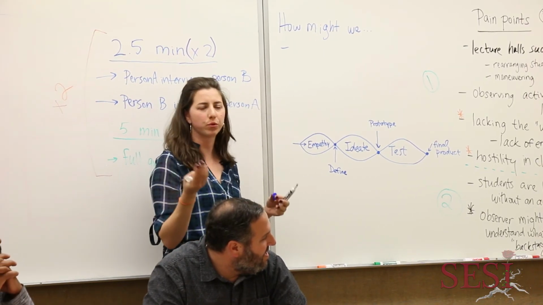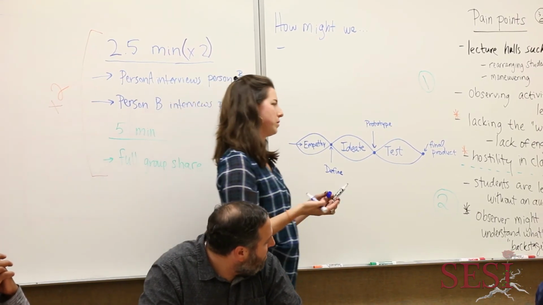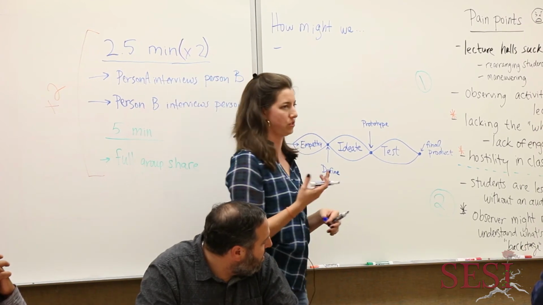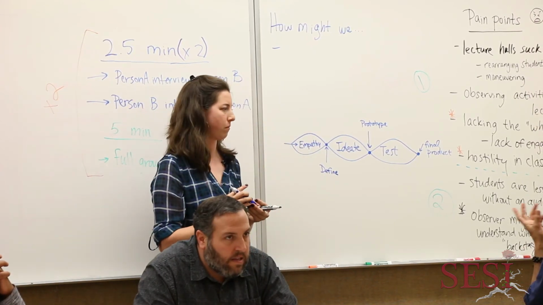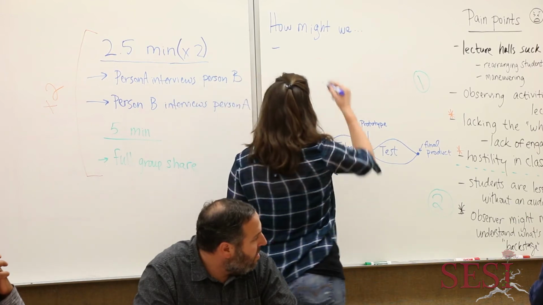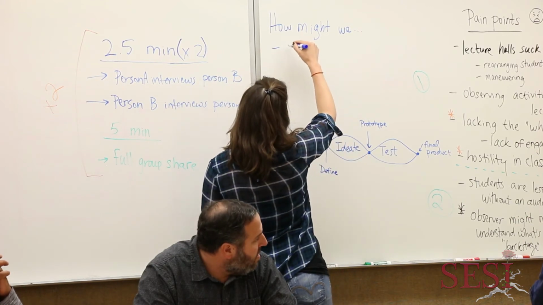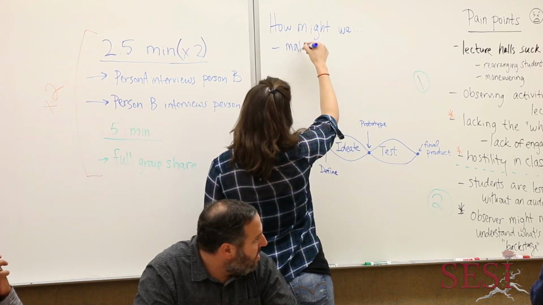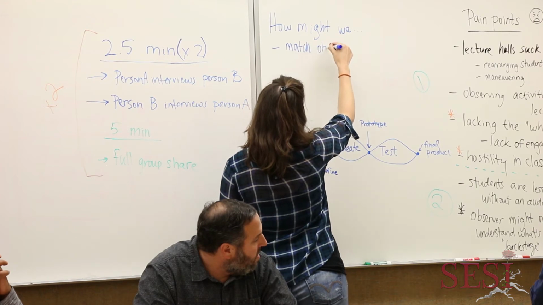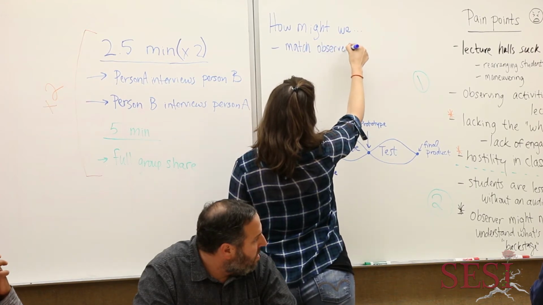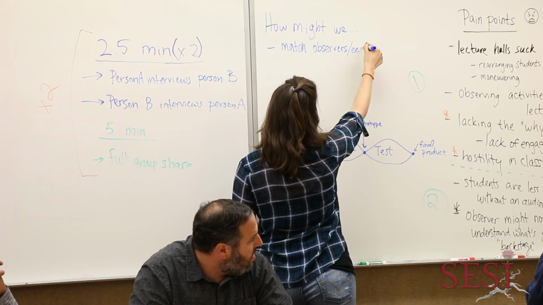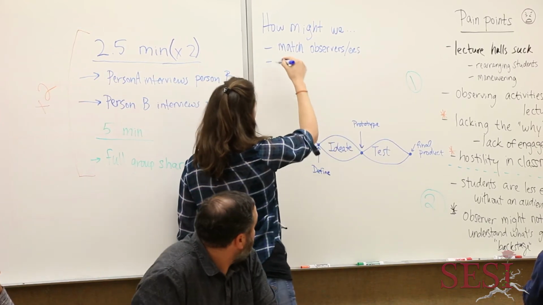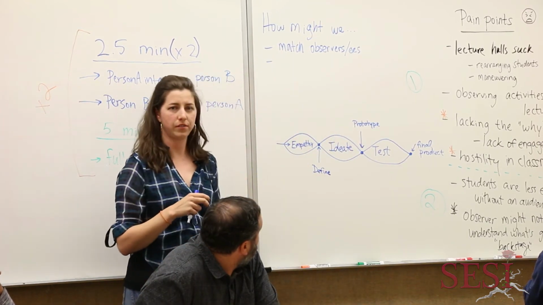For example, improve relationships between observers and observees. That's just an example, but I want to throw that out to you. Observers with observees. Okay, how might we, okay, sure, match observers and observees. Okay, any other variations on that?